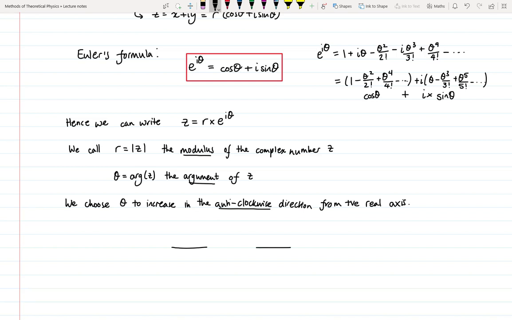So this is the real axis repeated a couple of times. If we have a complex number that points in this direction, the angle theta is plus pi over 2. If we have a complex number pointing in this direction, the angle is plus pi. And if we have it pointing in this direction, the angle is plus 3 pi by 2.